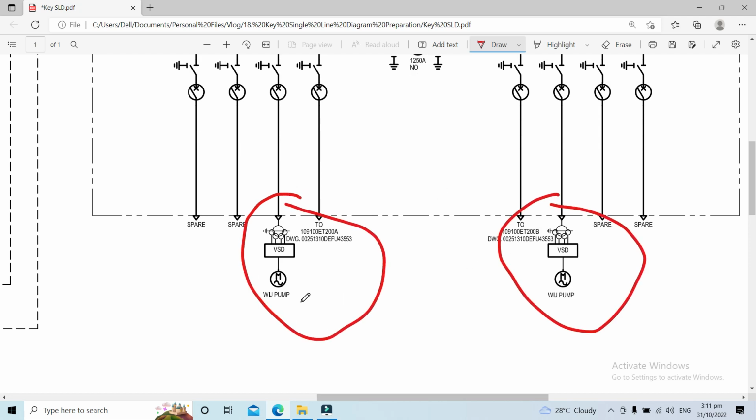These are water injection pump motors, and these water injection pump motors are rated 7,500 kilowatt with variable speed drives. When we have this huge capacity of variable speed drives, there will be undesirable harmonics in the power system.